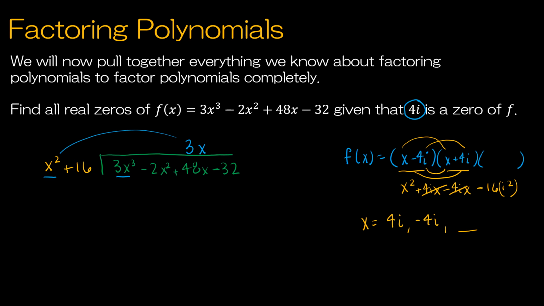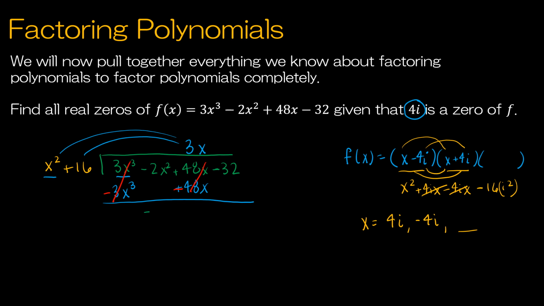So 3x times x squared is 3x cubed, as we wanted. 3x times 16 is plus 48x. Notice that we always line everything up correctly. Now I'm going to subtract these, and it looks like everything cancels. So now I'm going to continue.